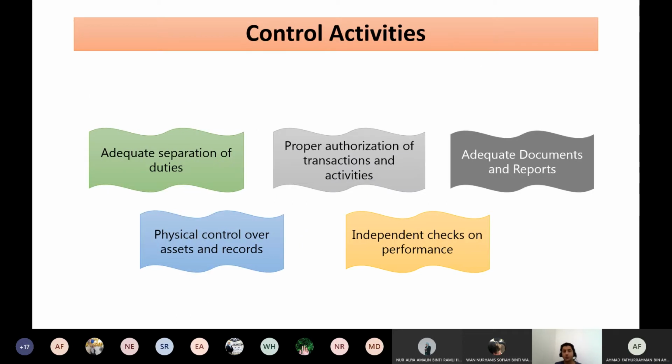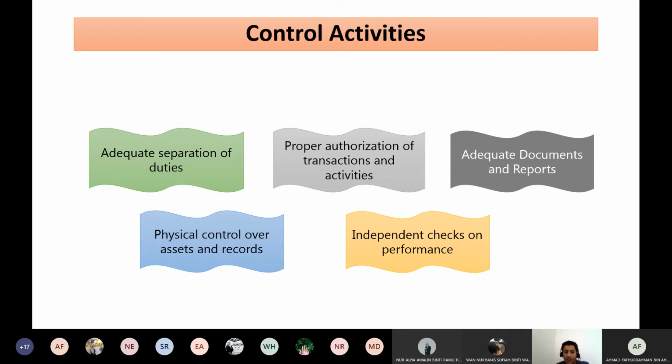Okay, so now we move to the third COSO component of internal control, which is related to control activities. Number one is adequate separation of duties, and we will explain it in a short while, each one separately.